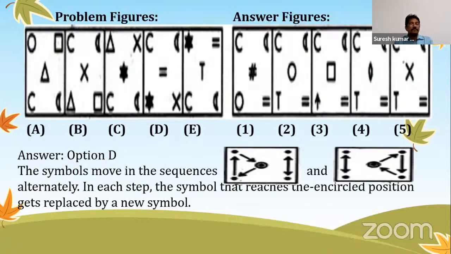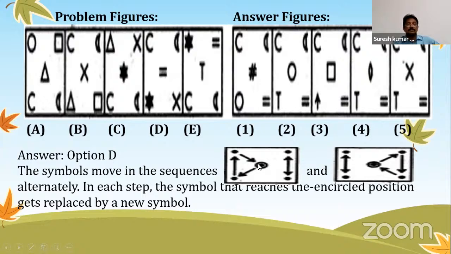Okay, but the movement of symbols, already I showed it to you. Movement of symbols, how they are moving, maybe you can understand it very easily. So how the movement will be there, you can see it very clearly. So this one, this is a circle. The symbols move in the sequence, and this is the direction.